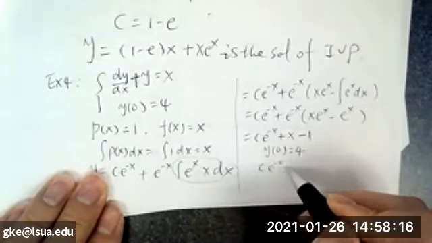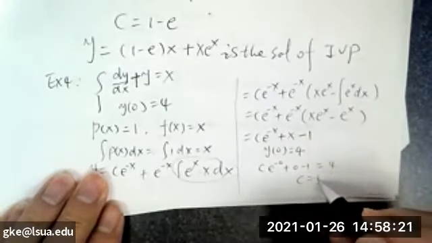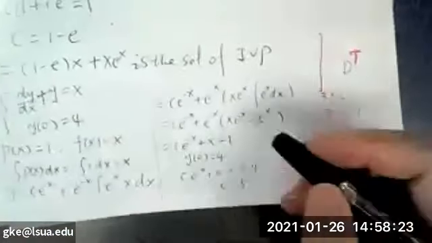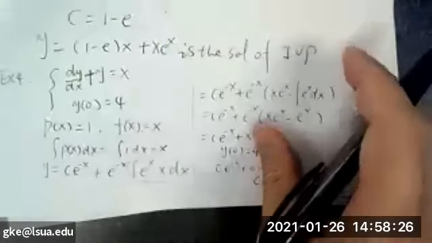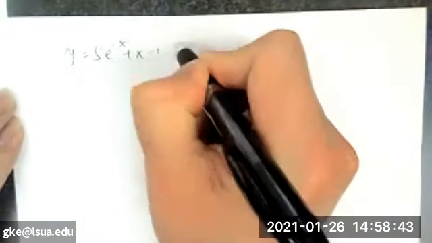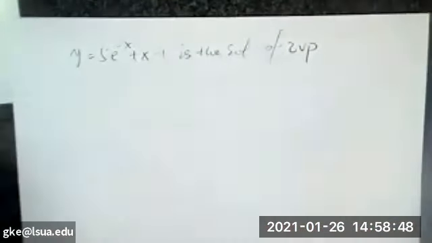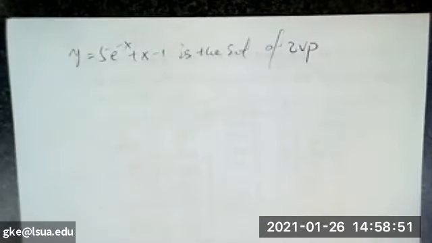So plug in 0, right? And c equals 5. Okay. So the solution for the IVP should be plugging that. Plugging that, we're gonna get. Okay, that's it.